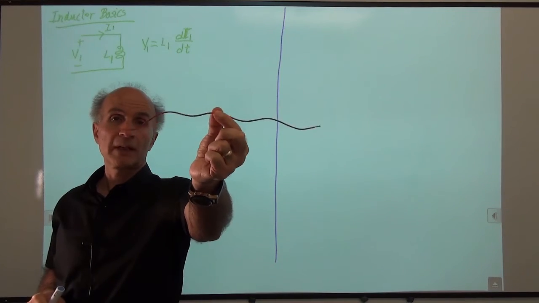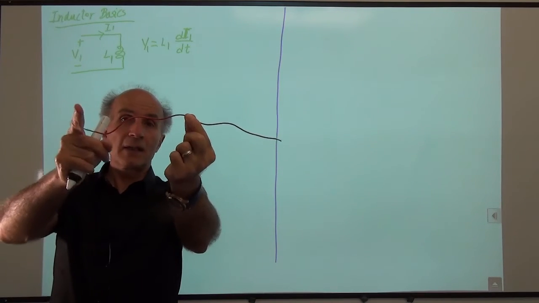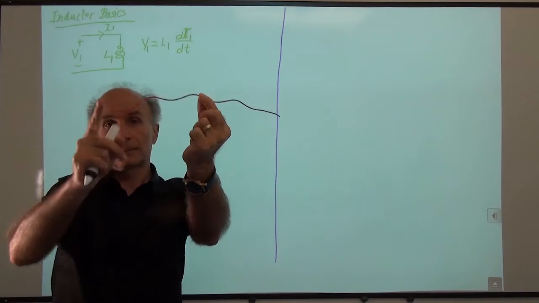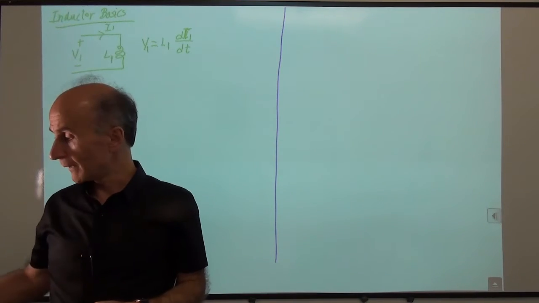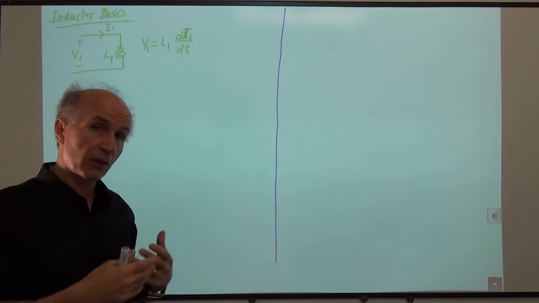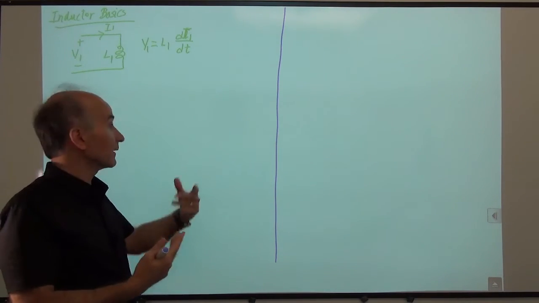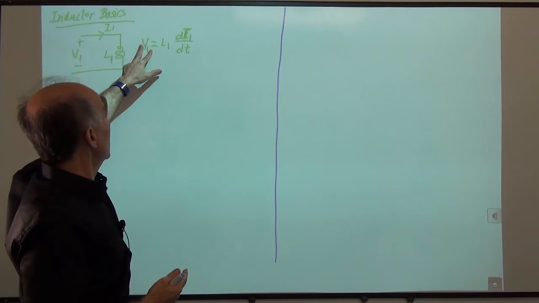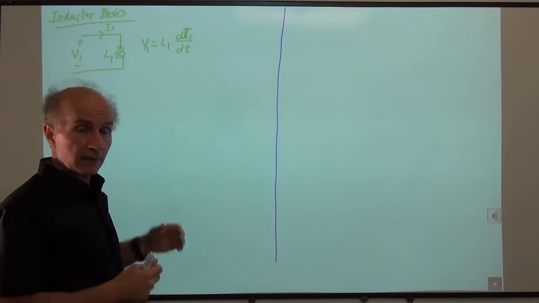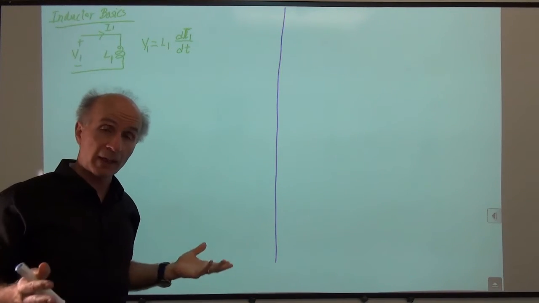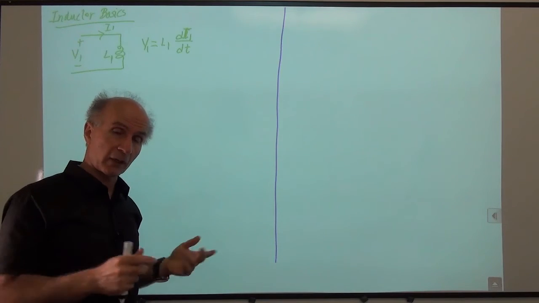Because only a piece of wire can guarantee a 0 volt difference between these two. All right? On the other hand, if the current through the inductor is changing with time, and it has some finite derivative, then we also have some finite voltage across this device, as if it were a resistor, even though it doesn't satisfy Ohm's law.